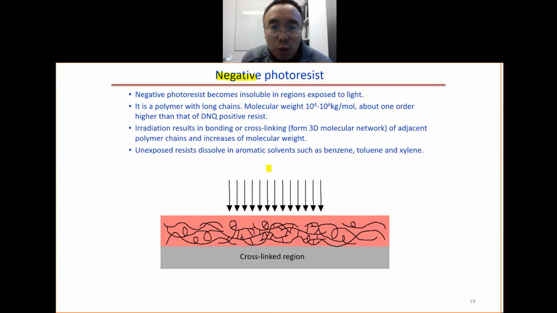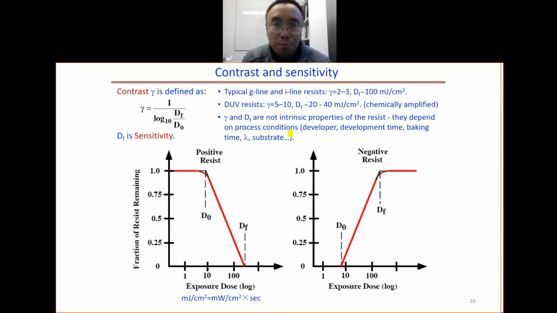So when you shine the light, the polymer chain will become cross-linked. Once they are cross-linked, it will become insoluble in the solvent. Those solvents, like benzene, toluene, or xylene, will dissolve the linear polymer, but not the cross-linked polymer. So this will act as a negative resist.